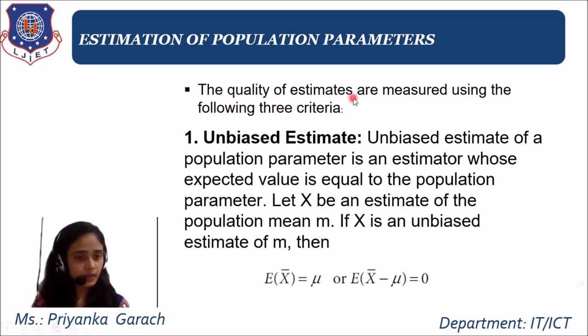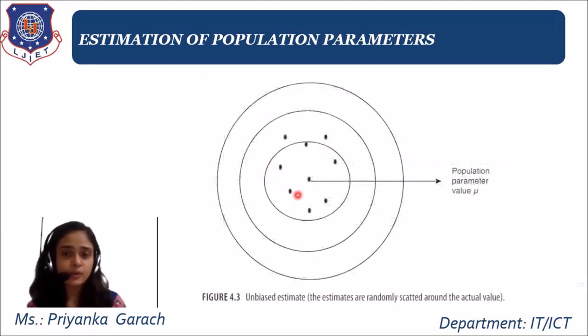We have seen that there are two different types of estimates, the point and the interval. Now if you want to check the quality of the estimates, then you have to see the following three criteria. The first one is the unbiased estimate. Suppose this is your actual value, that is the population parameter value, suppose mu.